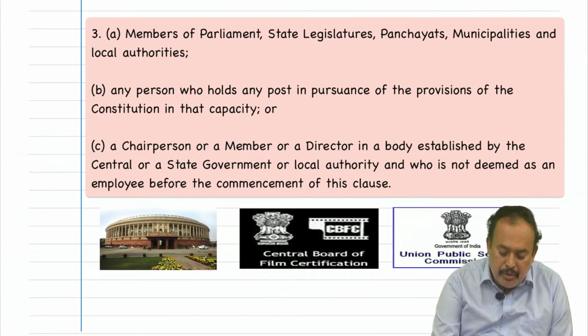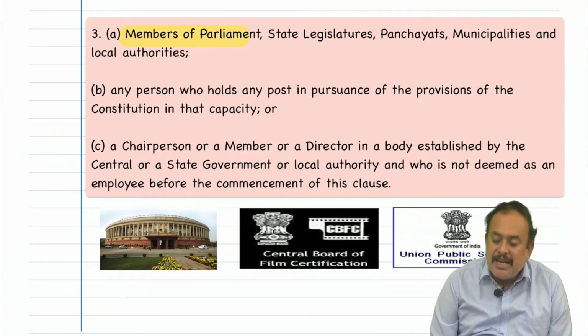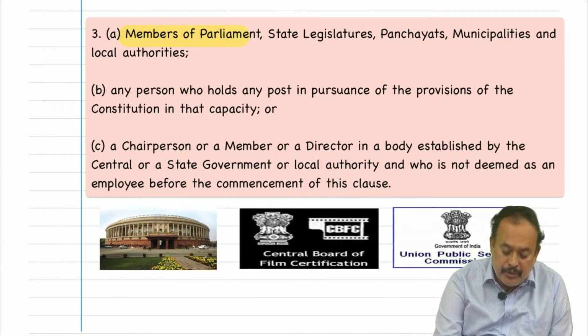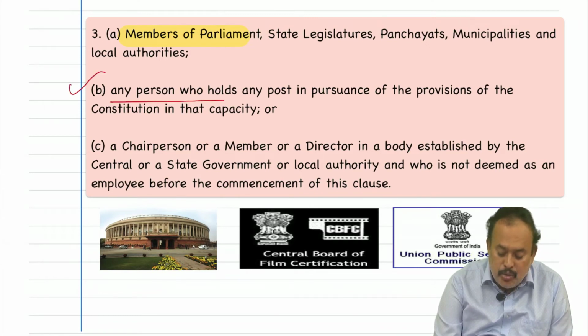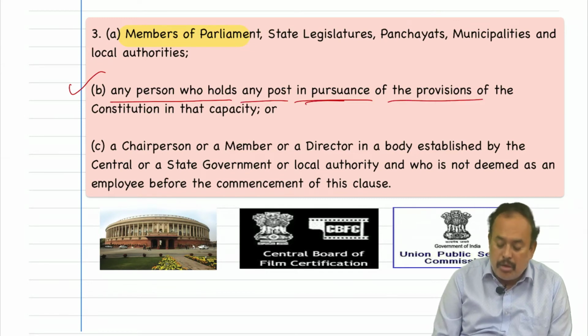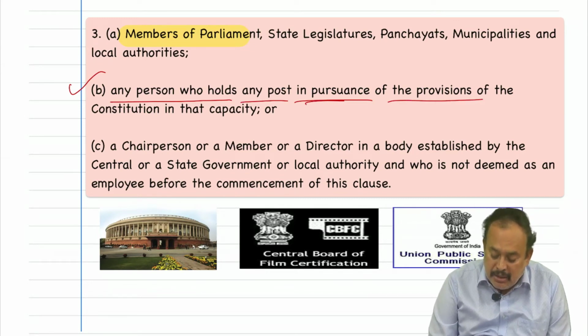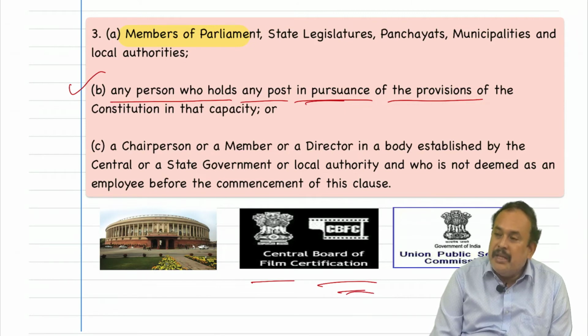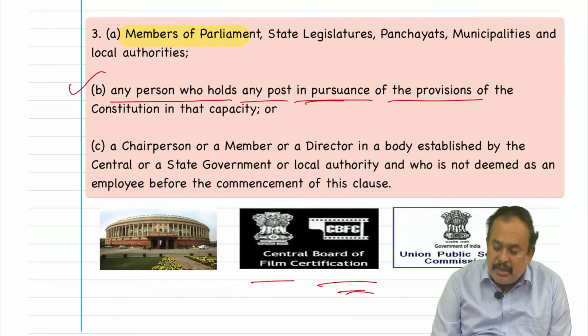Members of parliament, state legislative assembly, municipality and local authorities: not supply. Further, any person who holds any post in pursuance of the Constitution, like members of the Central Board of Film Certification, if they provide these services in their capacity, supply excludes.